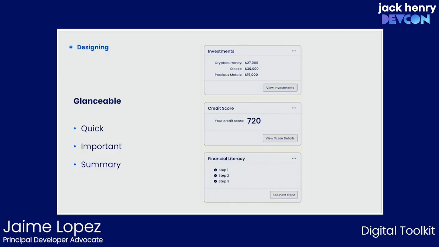And if you were doing something like financial literacy, you'll probably want to put which step am I on in this multi-step process to learning and engaging. Some other things, if you had wealth management, same thing. You might want to show total users' assets, total values. If it's marketing material, you want to show quickly and easily the most concrete, interesting, and personally relevant marketing content to that user.